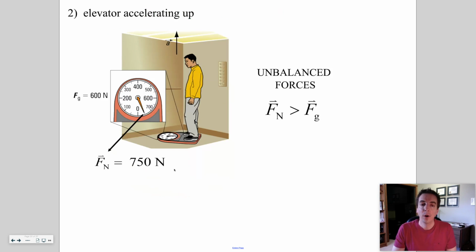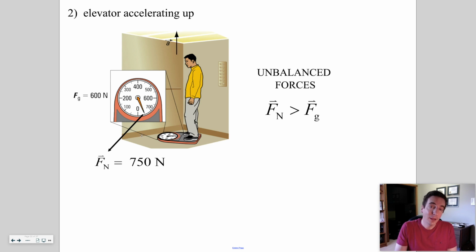However, what if the elevator then starts accelerating up? What will happen is that the scale is accelerating up into the student and pushing the student, and the forces are unbalanced. Notice what happens there. The scale reads, it jumps up a little bit. The student's true weight, the student's mass times acceleration due to gravity, mg, has not changed, 600 newtons.